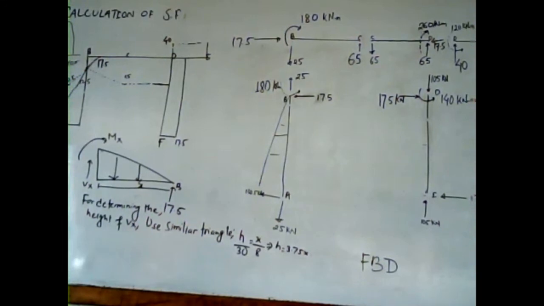So we use the similar triangle, and so we have h by 30 equals x by 8. If h is the height of this Vx section, then h equals 3.75 times x, where x is the distance from joint B along member BA.